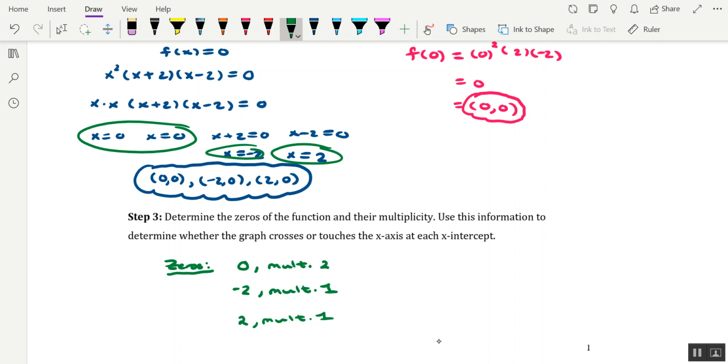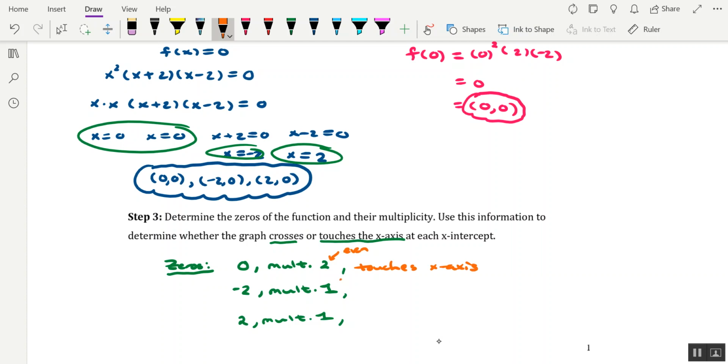Now as for whether the graph crosses or touches the x-axis at these zeros or x-intercepts, note that 0 has an even multiplicity, and zeros of even multiplicity cause the graph to touch the x-axis at the x-intercept. So I'll say touches x-axis.